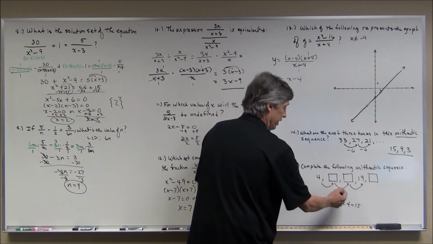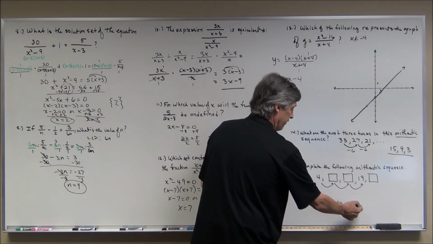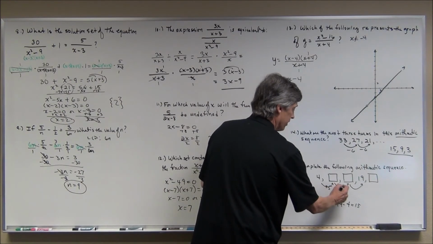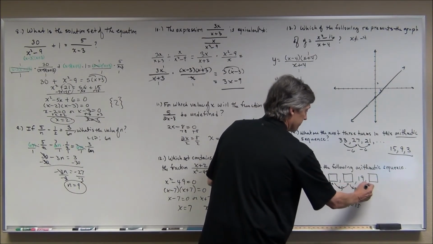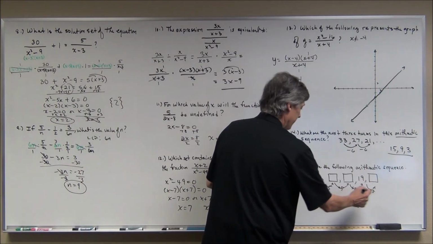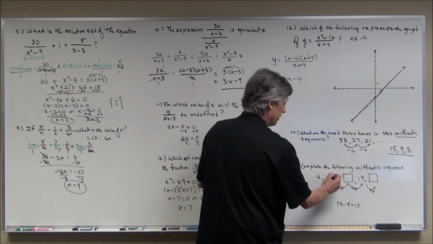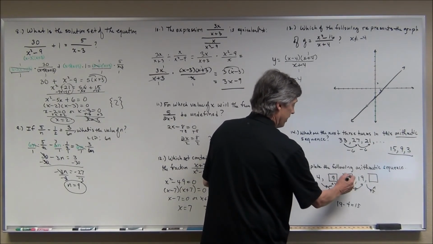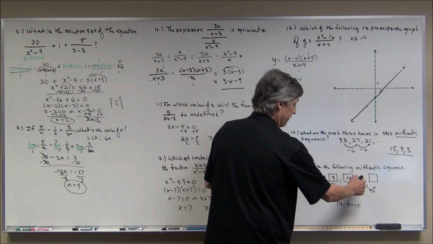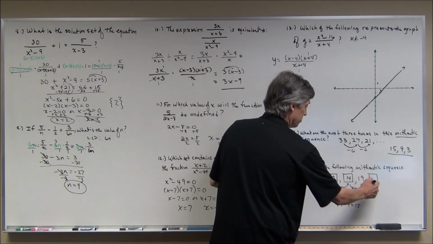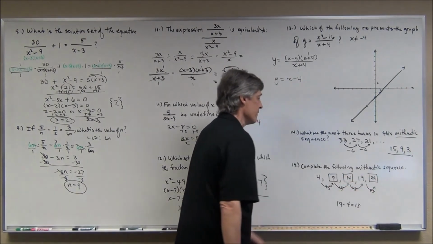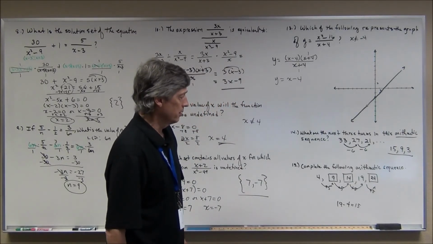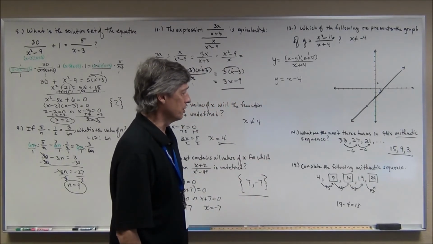So to get an increase of 15 in 3 jumps, you'd have to add 5 each time. 4 plus 5, 9. 9 plus 5, 14. 14 plus 5, there it is, 19. 19 plus 5 is 24. You can just use a little bit of common sense there. You can trial and error it if you needed to.